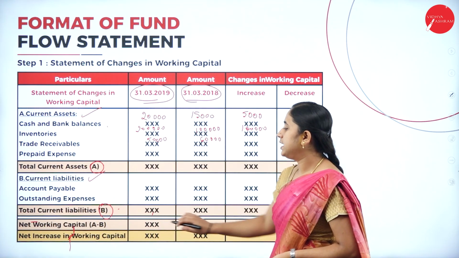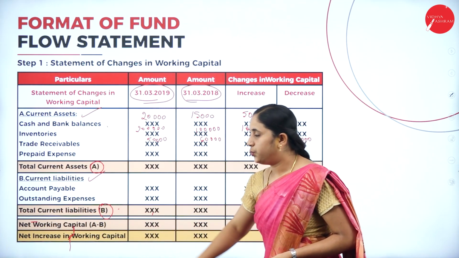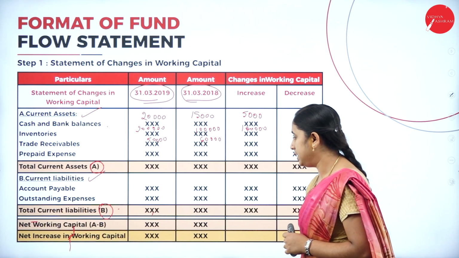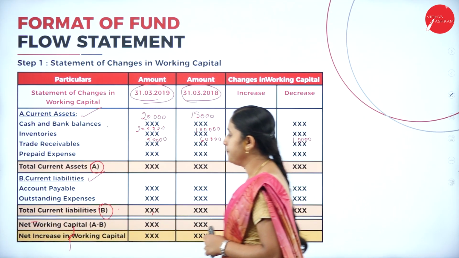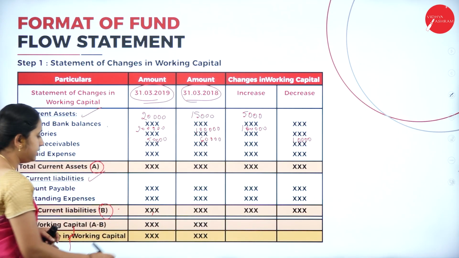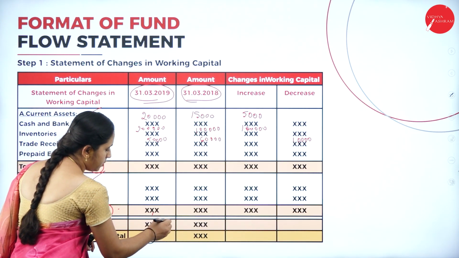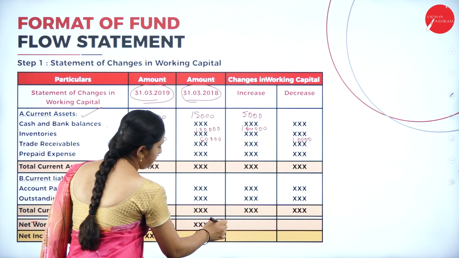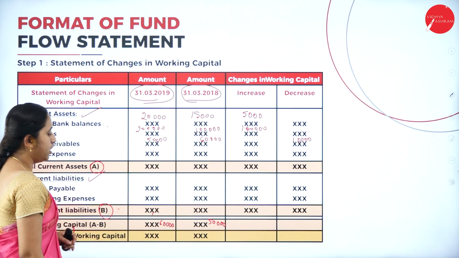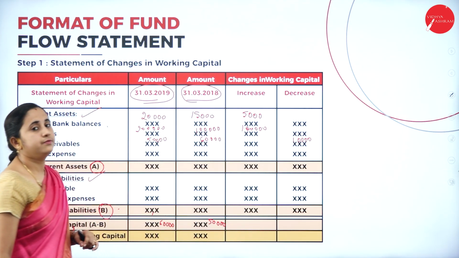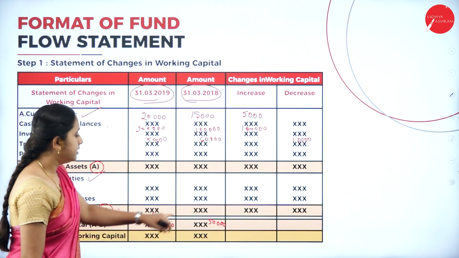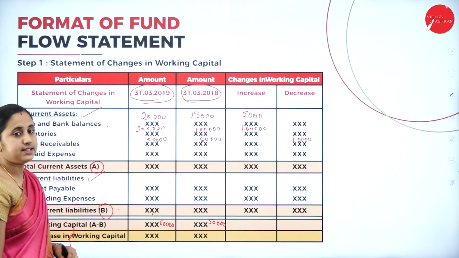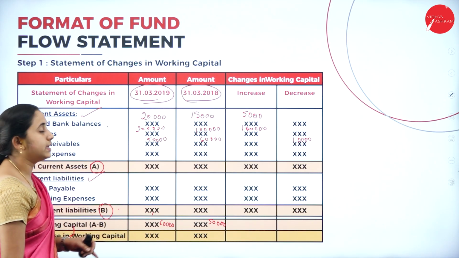Next, after finding the net working capital, we need to find the net increase or decrease in the working capital. That means here net working capital, we got 60,000 for the current year and 50,000 for the previous year. Now 60,000 minus 50,000. Now find the difference between 60,000 and 50,000, that is considered as net increase in working capital.